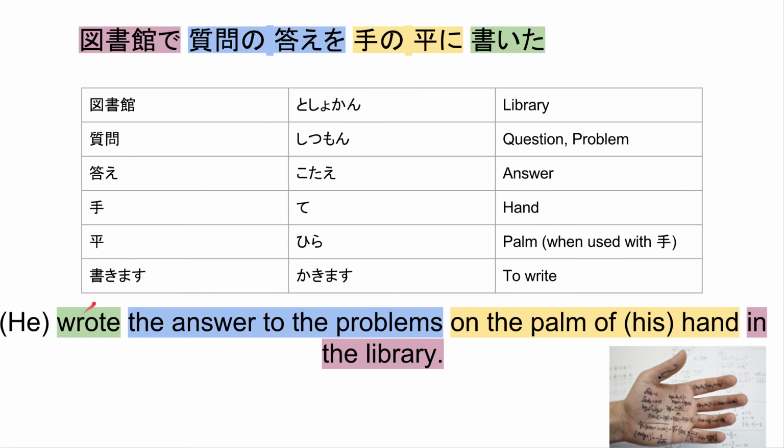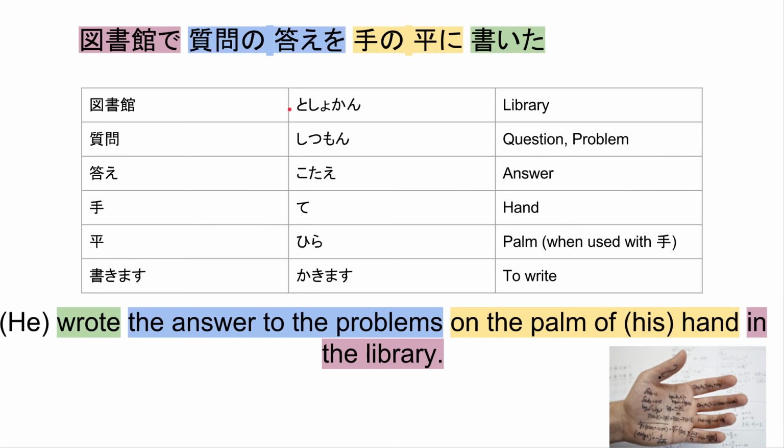Kakimasu, kaita. This is the plain form past tense of kakimasu. So kaita, he wrote. We don't know the subject of the sentence because we didn't bother adding it. So it's probably he or I or something like that, or you. So I went with he. He wrote, here's the kaita, he wrote, what did he write? He wrote the question's answer, the shitsumon no kotae.